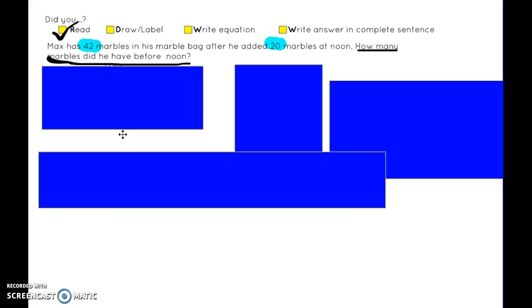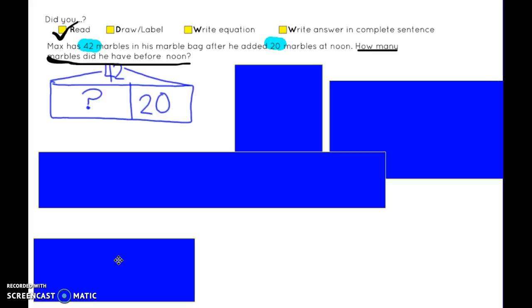Alright, you should have written a model that says that there were 42 marbles in his bag, and then he added 20 marbles. Now the reason we set the problem up this way is because 42 is my whole amount.